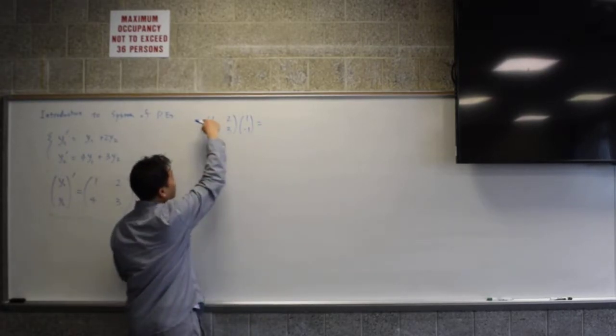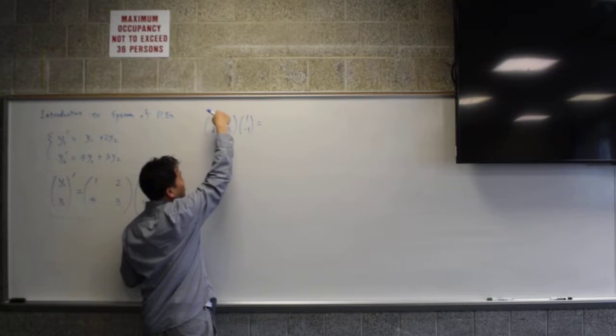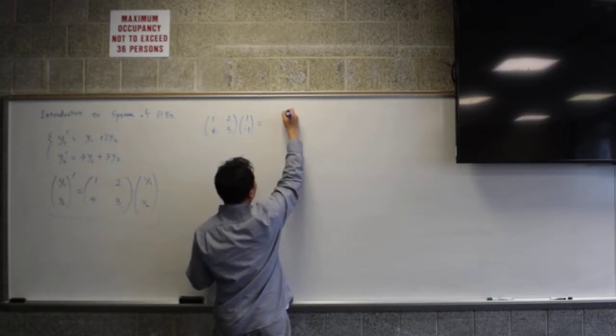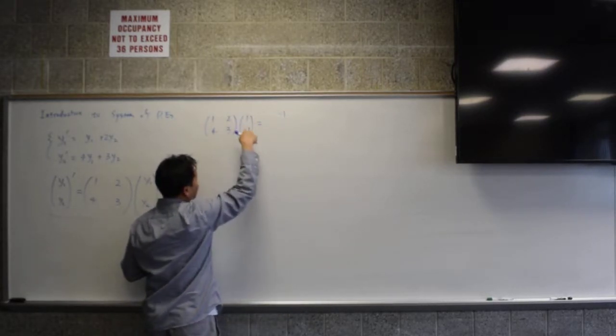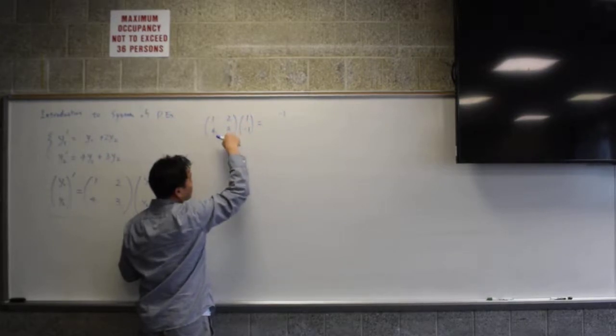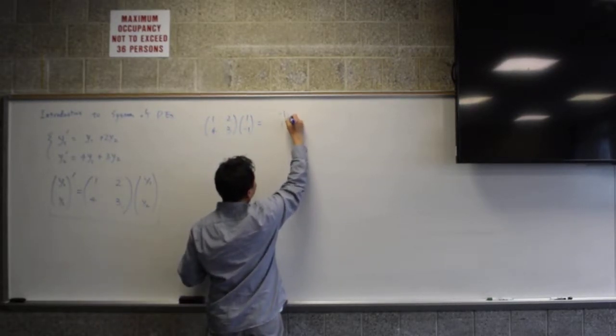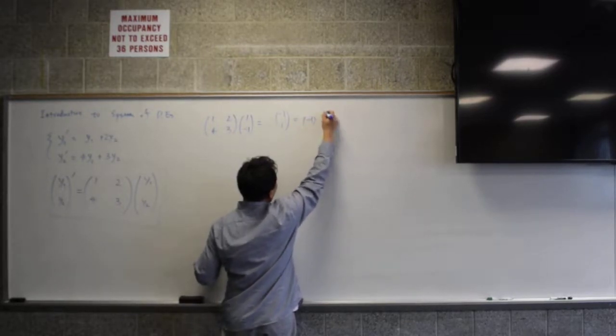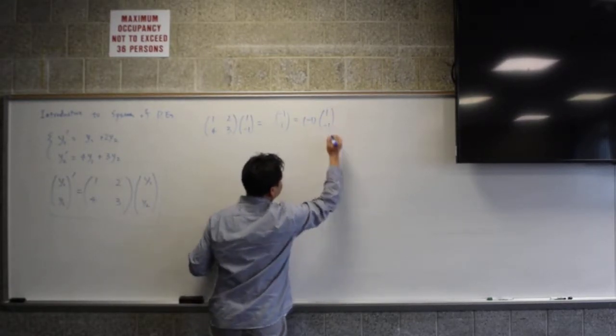Going across and down, 1 times 1 plus 2 times negative 1 is negative 1. And 4 times 1 plus 3 times negative 1 is positive 1. We can see that this is the same as negative 1 times the vector 1, negative 1.